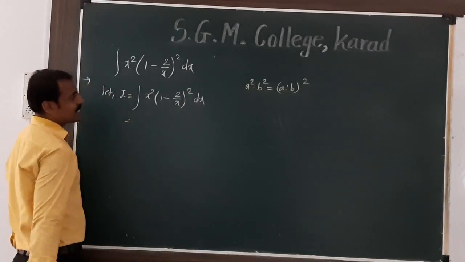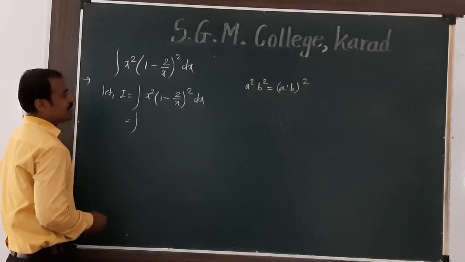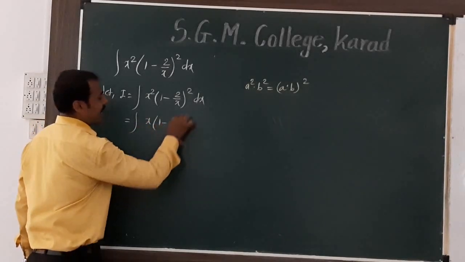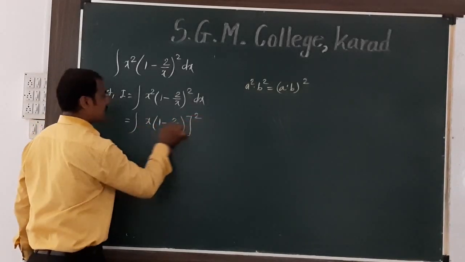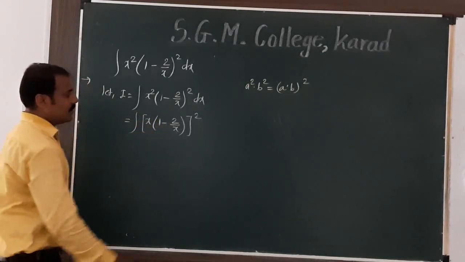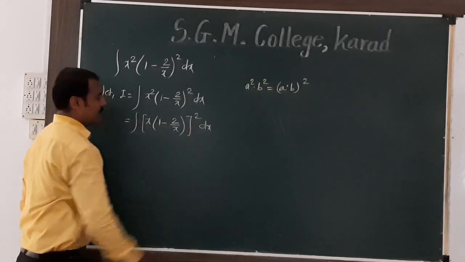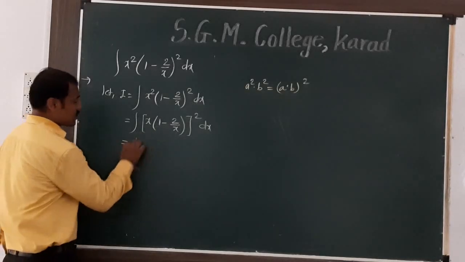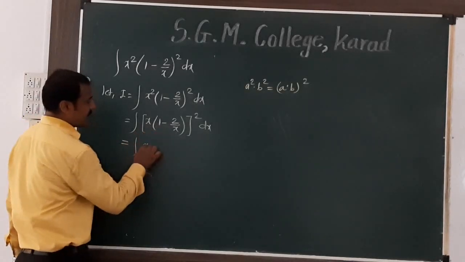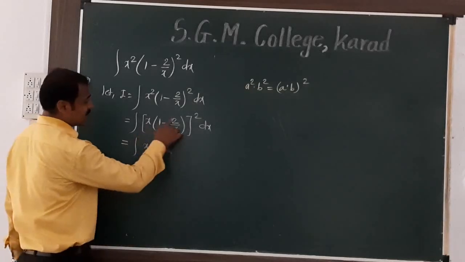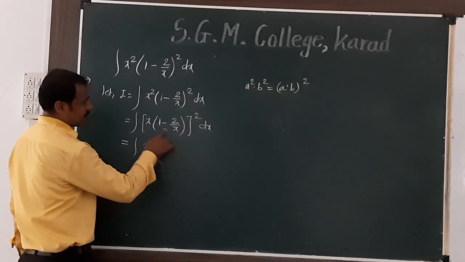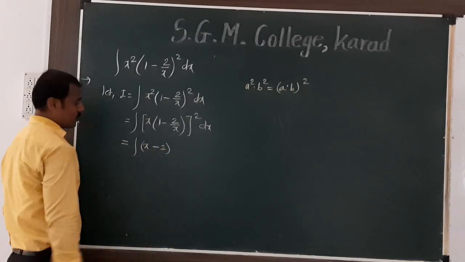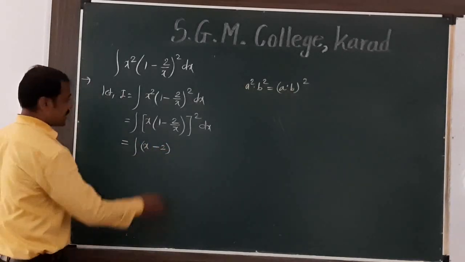I can write this as integration of (x into (1 minus 2 divided by x)) whole bracket square dx. Okay, now multiply by x. So x into 1 is x, minus x into 2 by x. In x into 2 by x, x gets cancelled. What's remaining here? 2. (x minus 2) bracket square.